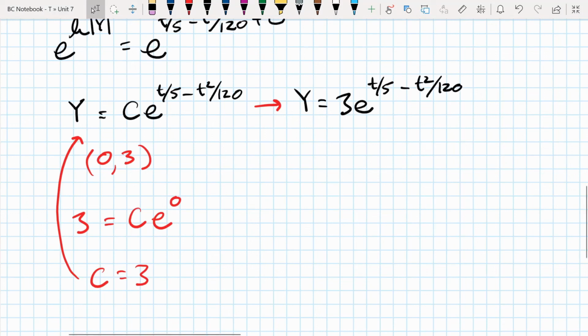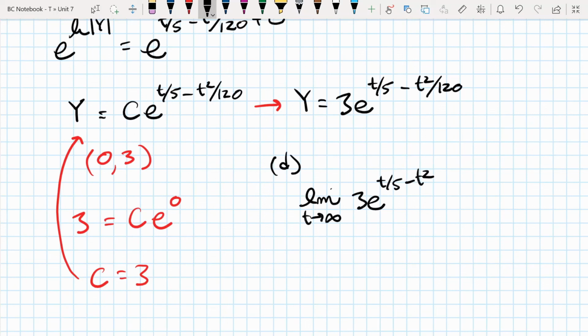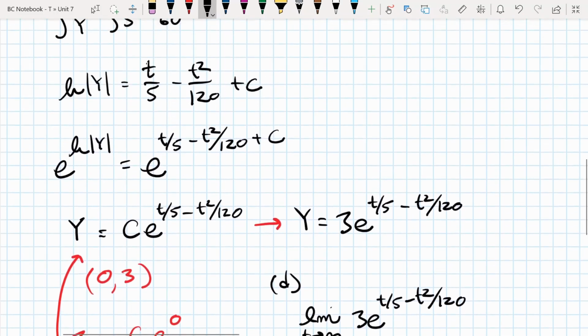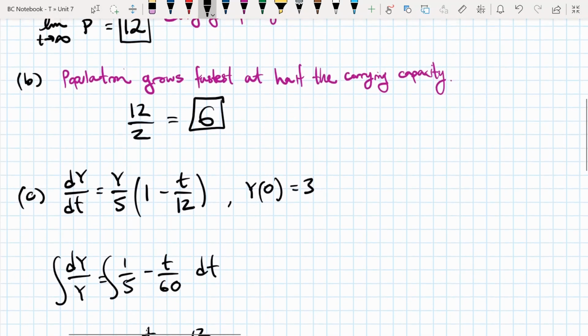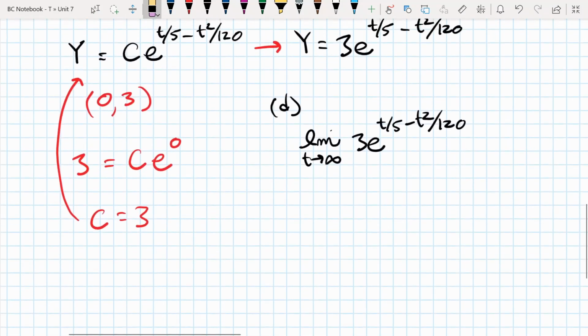Now the last part of this question wants us to evaluate the limit as t approaches infinity of 3e to the t over 5 minus t squared over 120. The difference between this question and the last question is this is not a logistic differential equation. It would have to be a y for it to be a logistic differential equation, which means the limit as t approaches infinity is not the carrying capacity. So we're just going to evaluate this like a normal limit.